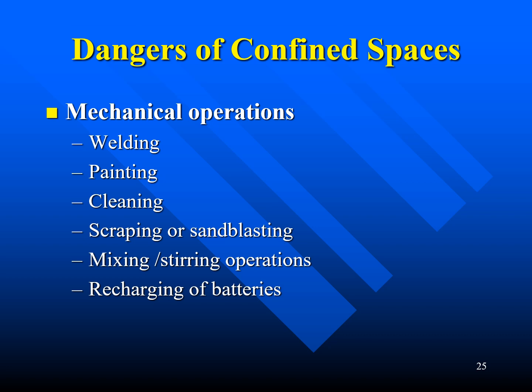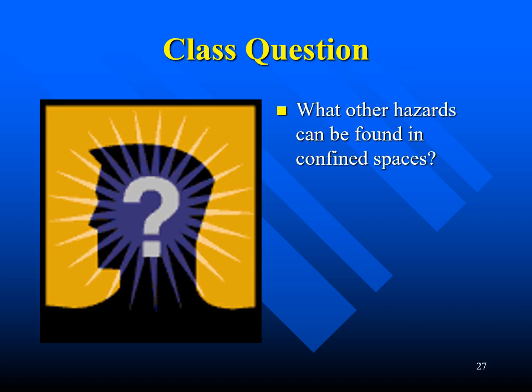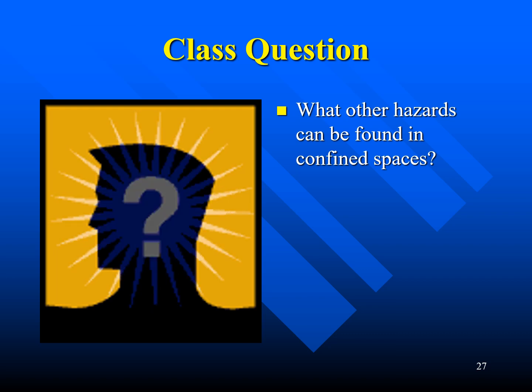Confined spaces can pose a danger to mechanical operations such as welding, painting, cleaning, scraping or sandblasting, mixing or stirring operations, and recharging of batteries. They also contain inerting activities such as carbon dioxide, helium, and nitrogen. Here's another class question. What other hazards can be found in confined spaces?